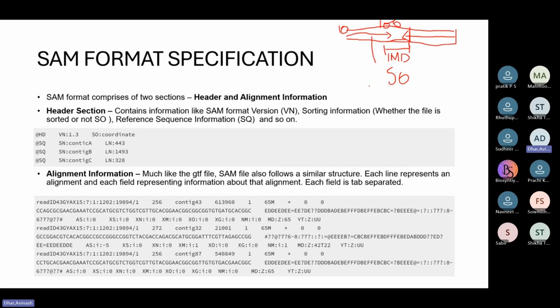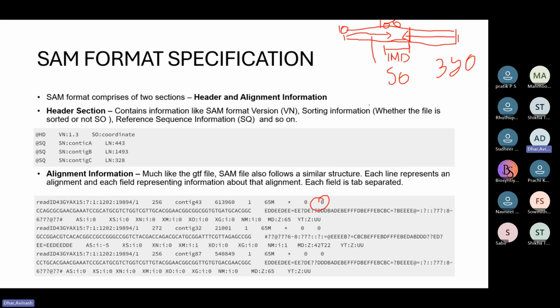So you can calculate: okay, I know my read length is 150 base pairs, paired end, and my whole template length is coming out to be 350. If I know my template length is around 350 and I know my read length, I can calculate my inner mate pair distance.